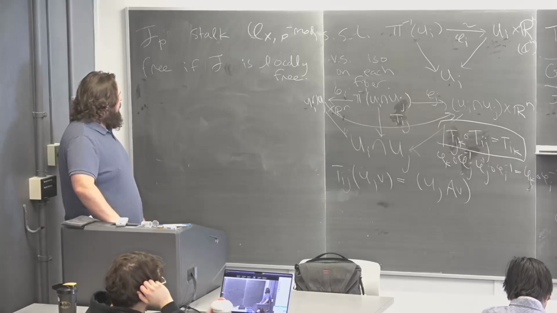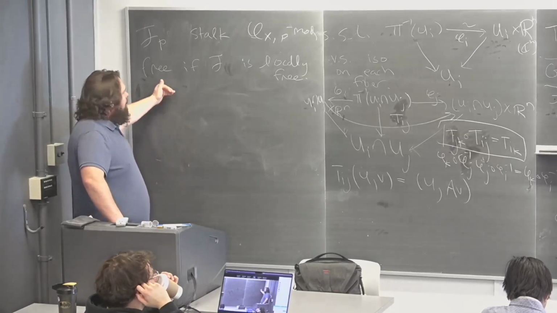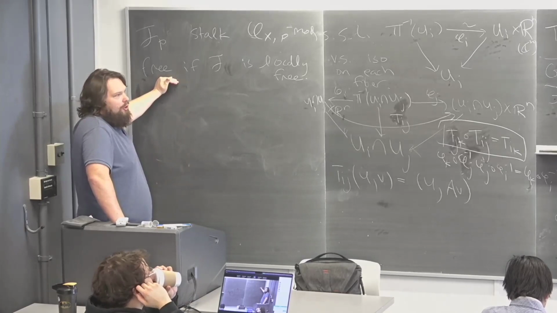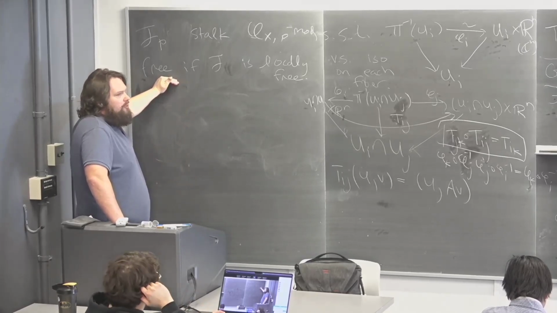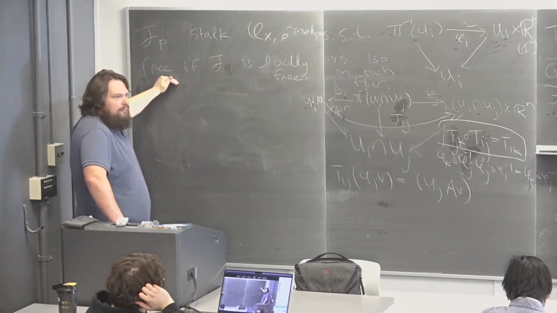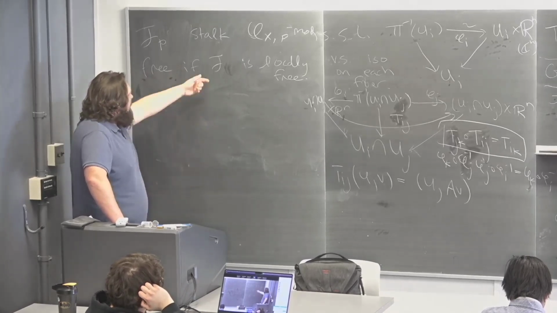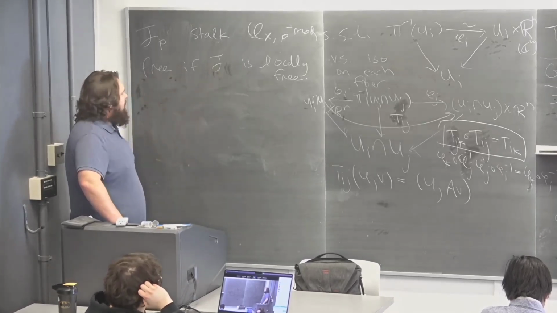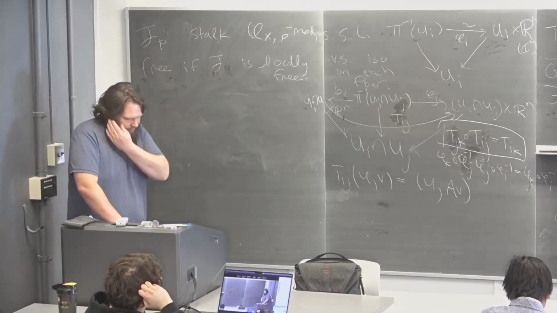And I'll note here a useful fact to know is that for a Noetherian local ring, all projective modules are free. So it is actually enough, it's equivalent to saying that this is projective.